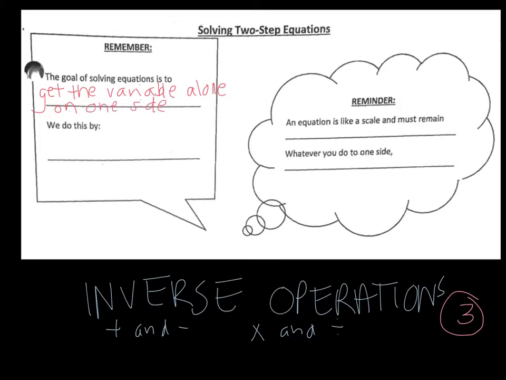And we do this by using inverse operations: addition and subtraction, multiplication and division. And don't forget, an equation is like a scale and must remain balanced. So whatever we do to one side, we have to do to the other.